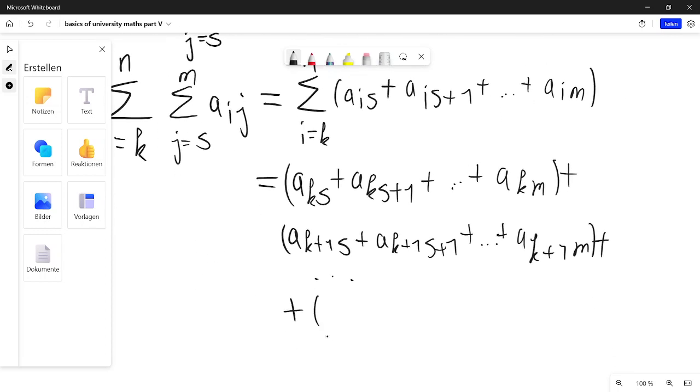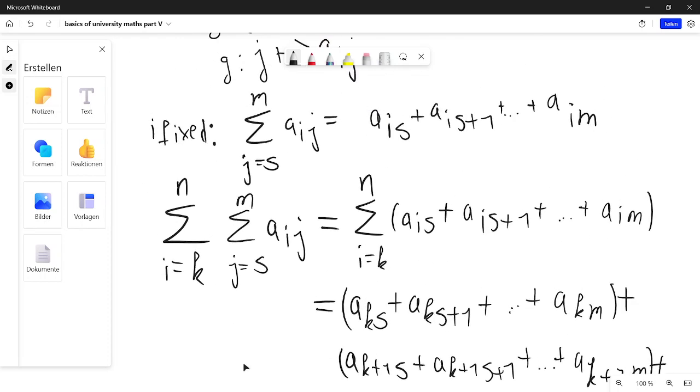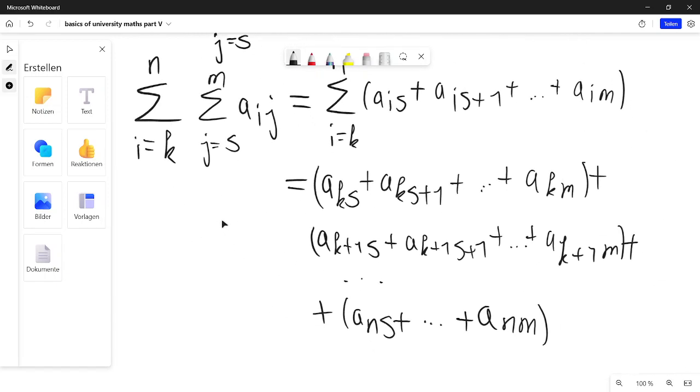And always keep in mind, make yourself keep that in mind: what we go through, what is fixed currently, and so on. Right? A_n,s, A_n,s+1 until A_n,m. This is just a notation for this.